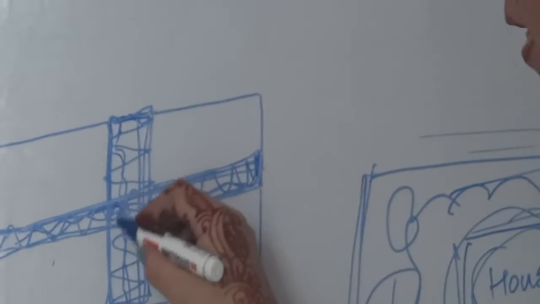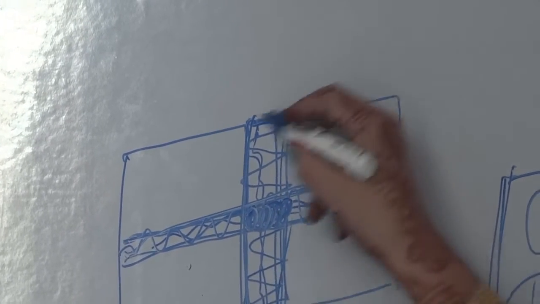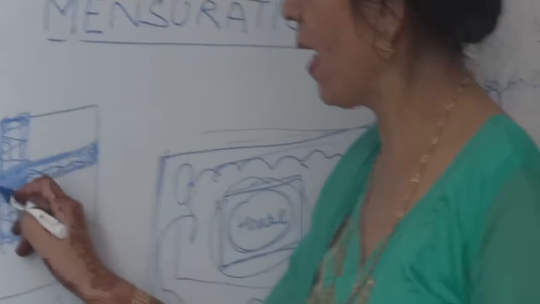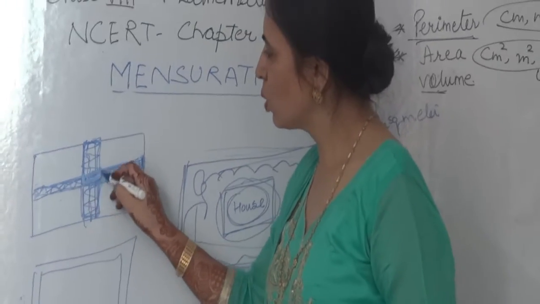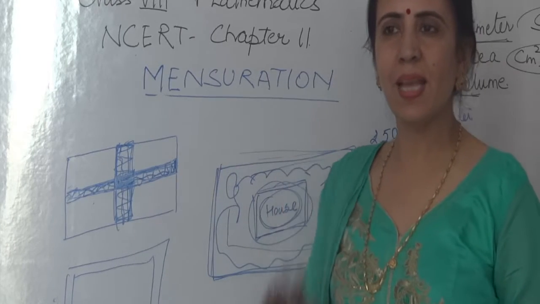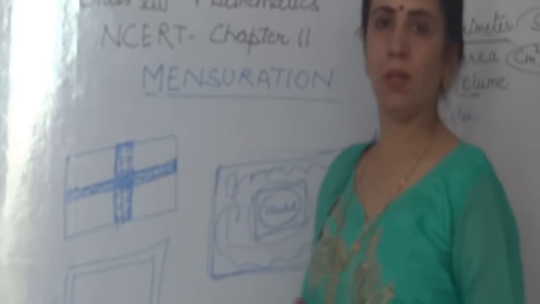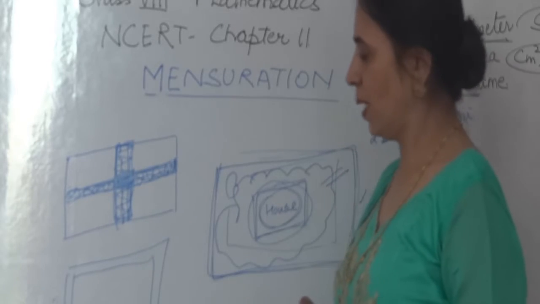But could you see that this is the common area coming in both the pathways? That means we are going to subtract this square part of the land to know the actual exact amount of land used for the pathway.